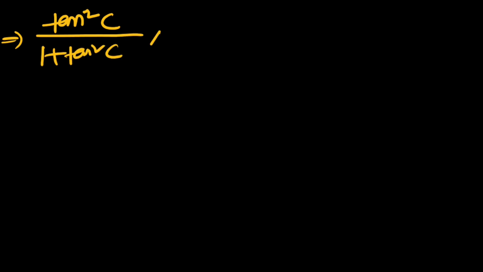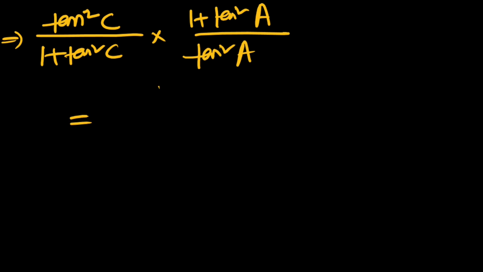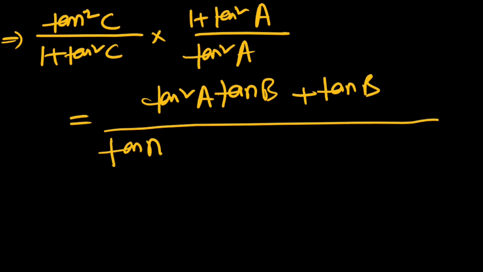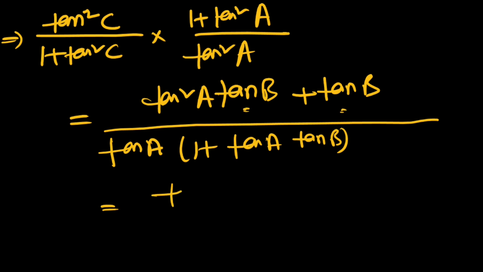Therefore tan square c over 1 plus tan square c, multiplied by 1 plus tan square a over tan square a, is equal to tan square a tan b plus tan b over tan a (1 plus tan a tan b). Both terms contain tan b, so we take it common.